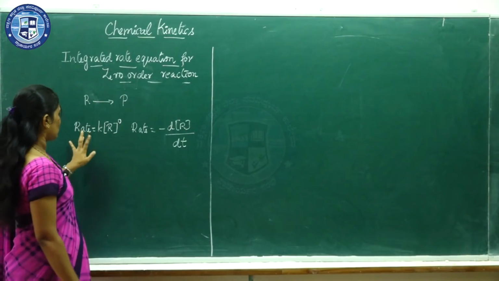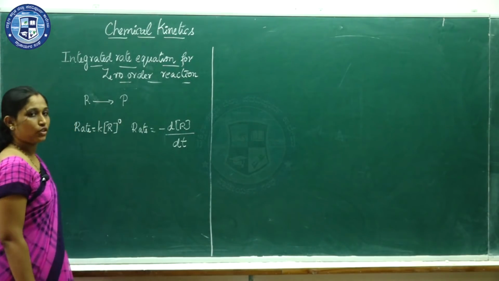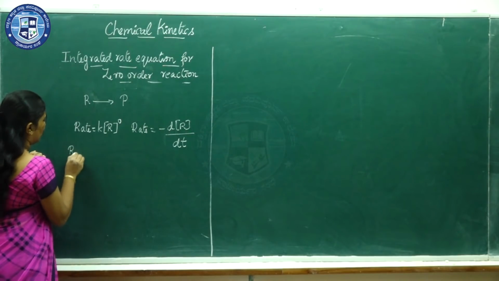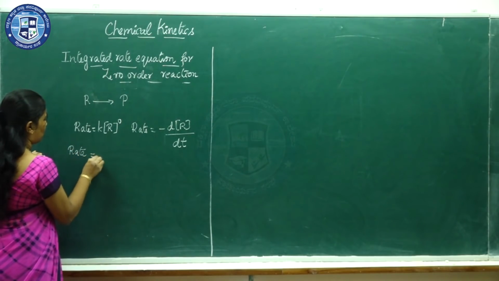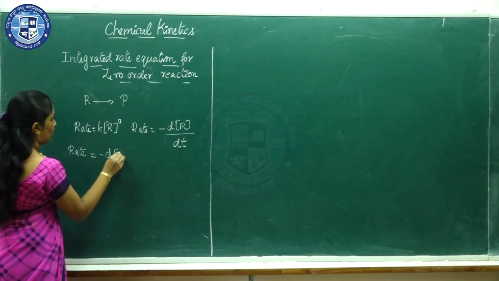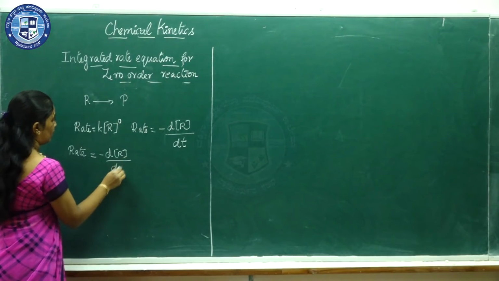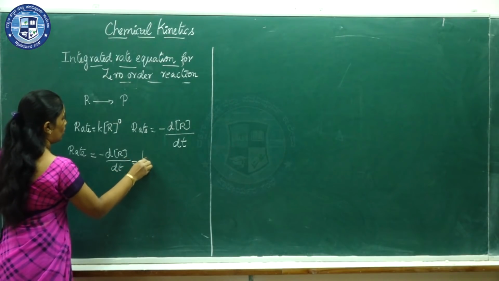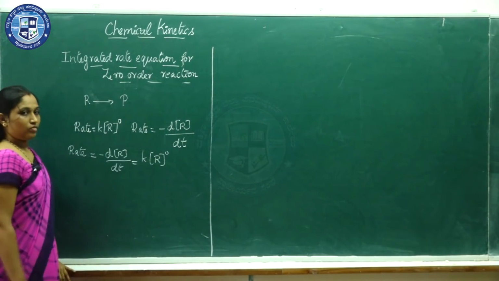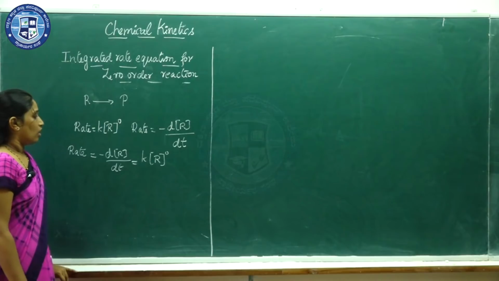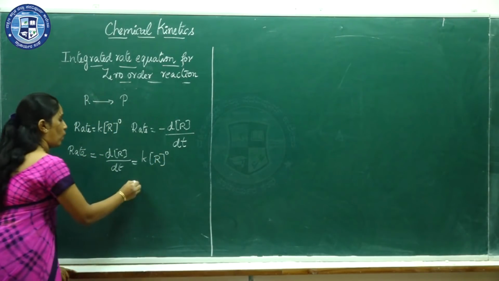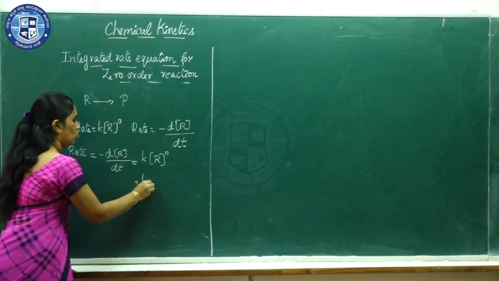Now as you can see here, this is equal to rate and this is also equal to rate. So I will be equating both. Rate is equal to minus dR by dt, that is also equal to k into R raised to the power 0. You know that anything raised to the power 0 is 1, so k into 1.